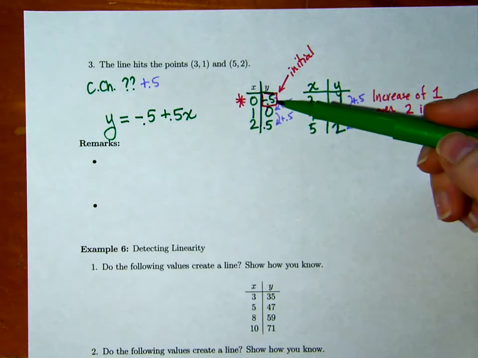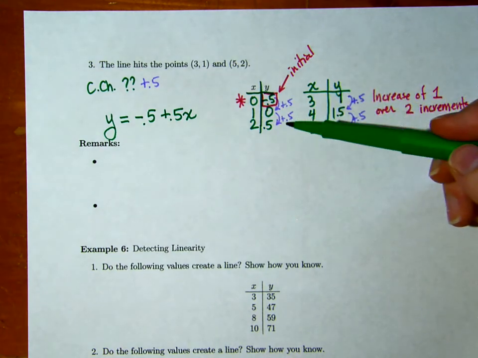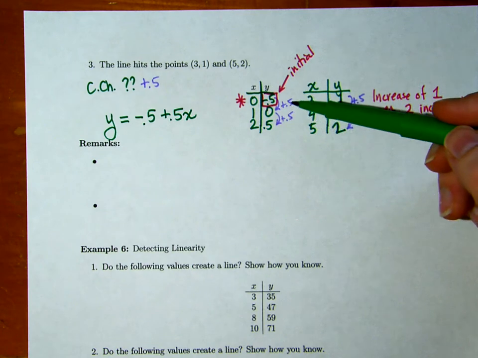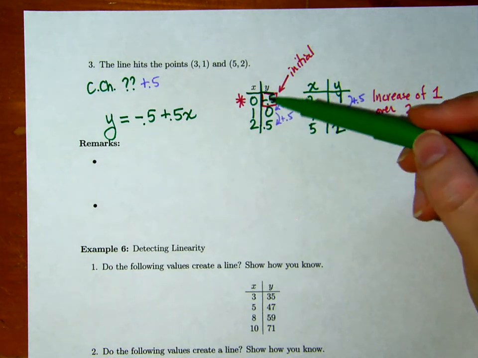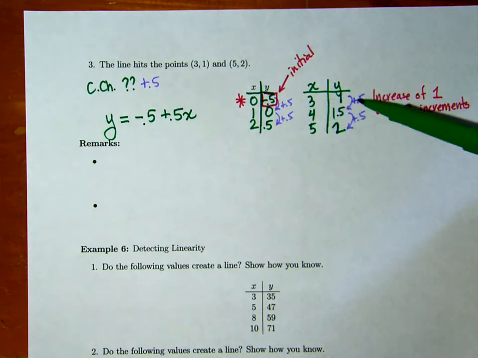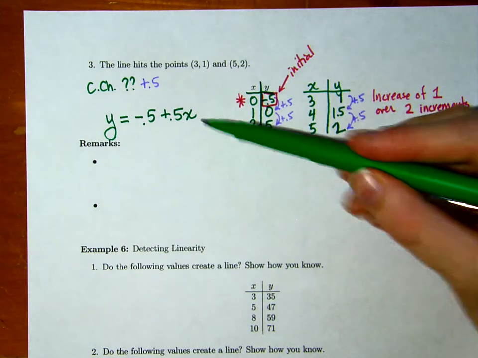Okay, so it starts at negative a half, and let's go up to 3, right? It adds a half 3 times. So a half 3 times, that's 1.5. If you're down a half and you add 1.5, you're at 1. Yep, that one's good to go.